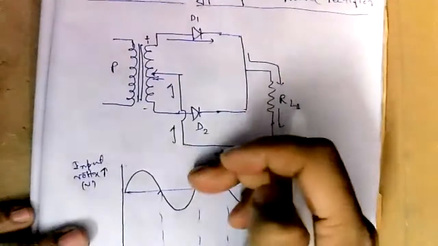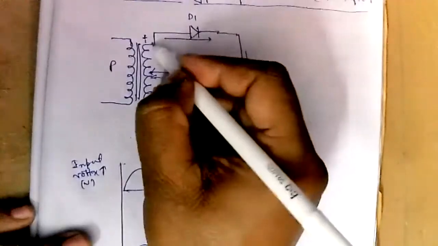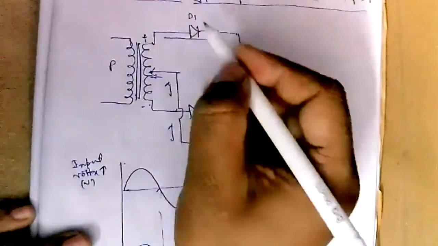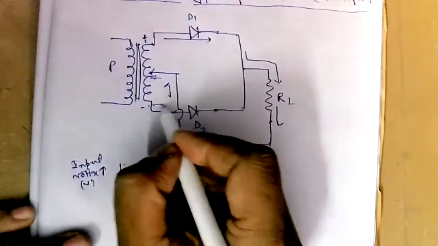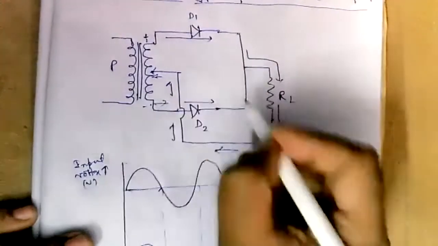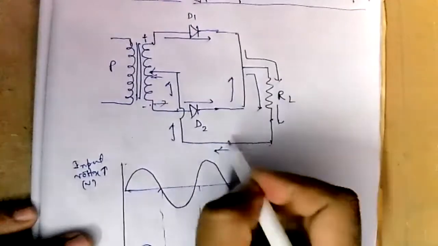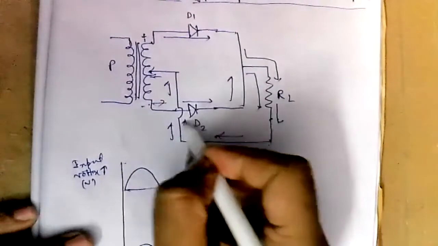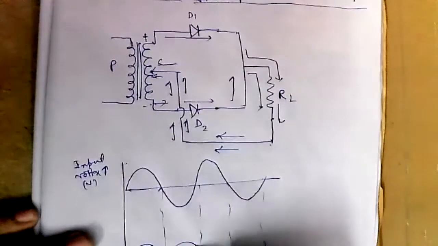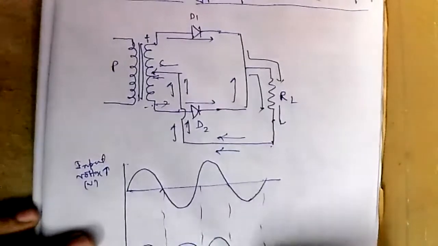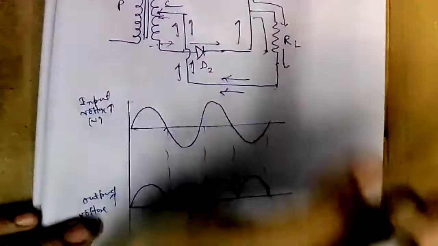Now during the next half cycle, this lower end is positive, upper end is negative. So D1 will become blocked and D2 will conduct. Current will flow through D2 now. But in the load resistance, you can see the current will flow in the same direction. So you will get an output like this. So here both the halves have been rectified.